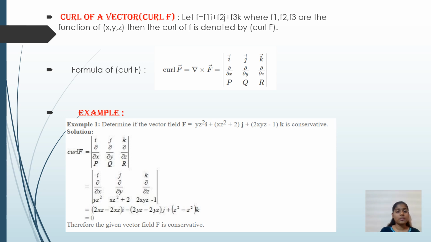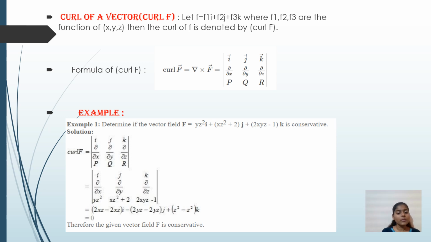Then an example of curl of a vector. Determine if the vector field f is equal to yz square i cap plus (xz square plus 2) j cap plus (2xyz minus 1) k cap is conservative. Solution: curl f is equal to the determinant with rows i j k, ∂/∂x, ∂/∂y, ∂/∂z, and p q r, which is the formula of curl f.